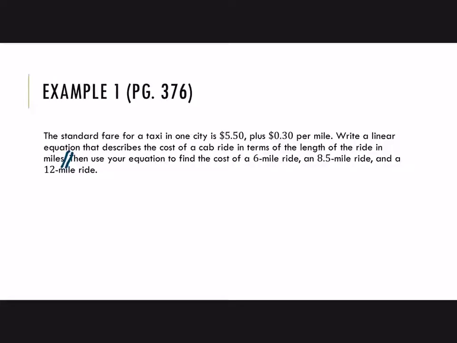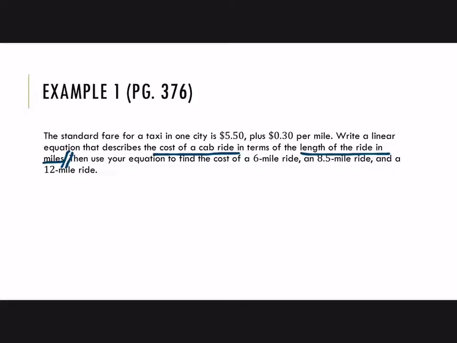Now, a linear equation is going to be in two variables, so we need to figure out what the two things are that are unknown. This is what we're told: write a linear equation that describes the cost of a cab ride in terms of the length of the ride in miles. So those are the two variables.